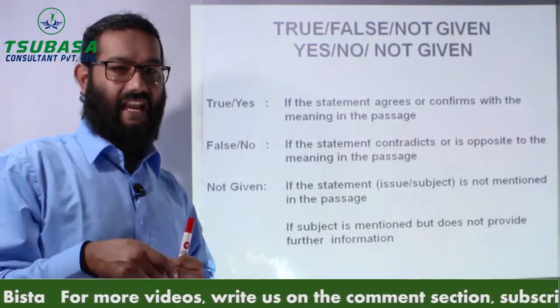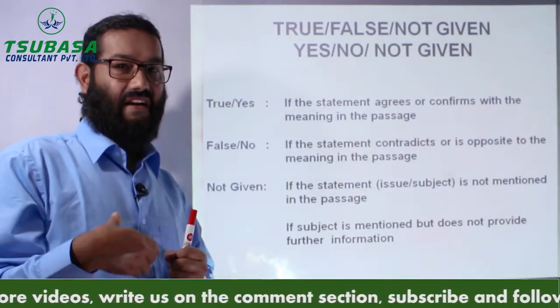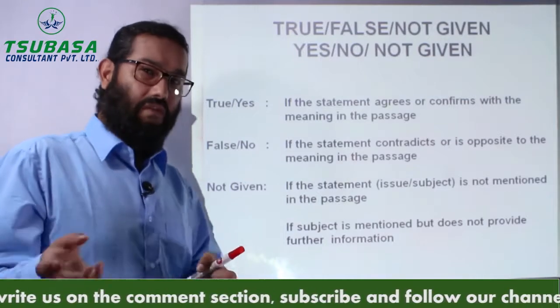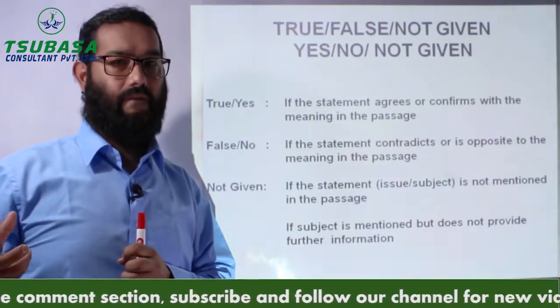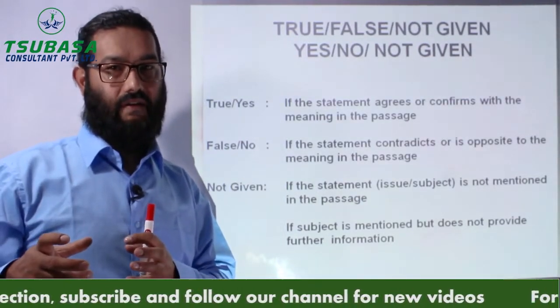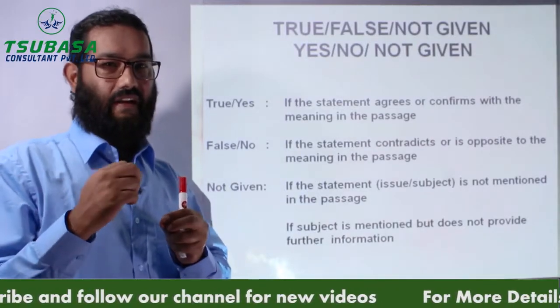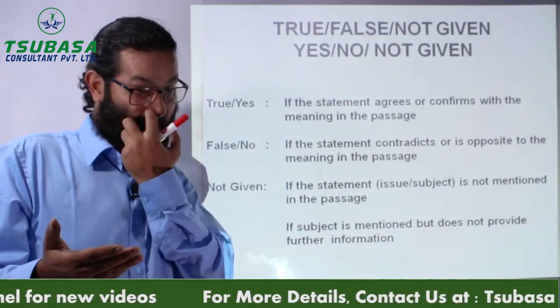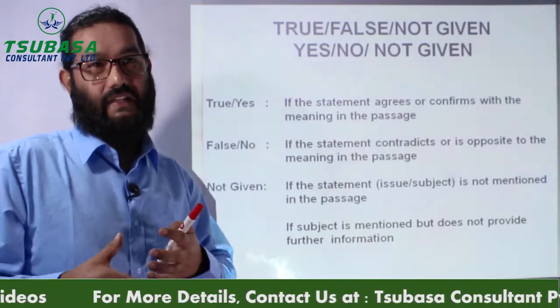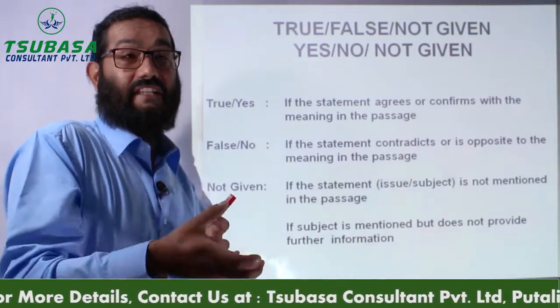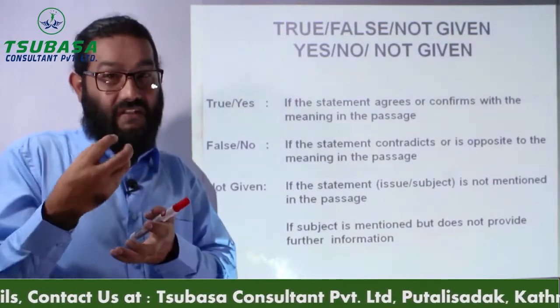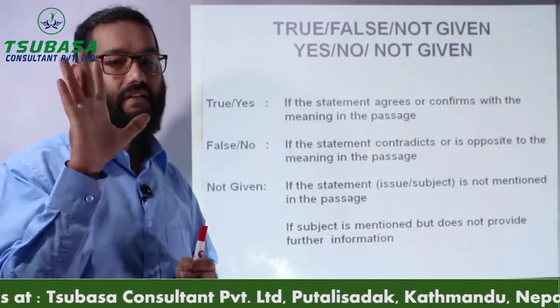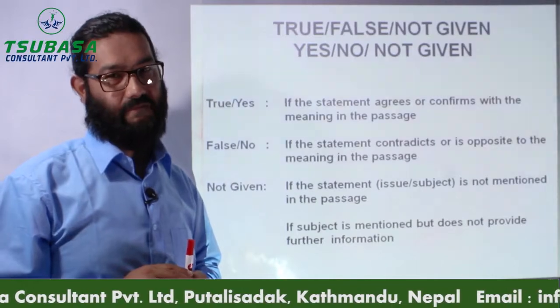Both talk about the same color of cats. But the difference is, the question says I like, whereas the passage does not say anything about liking. So that is the not given strategy.